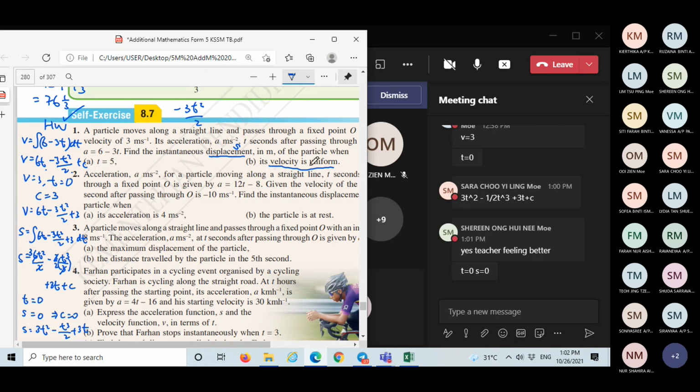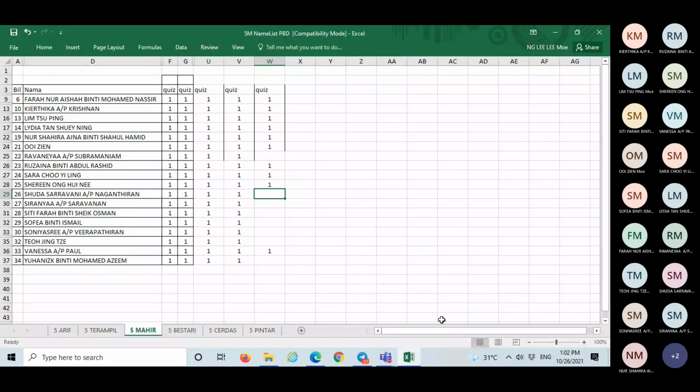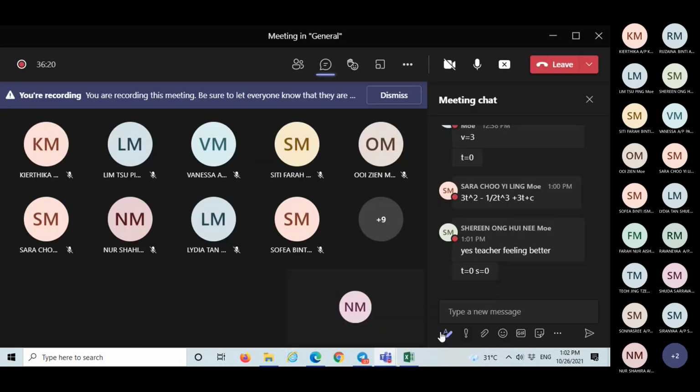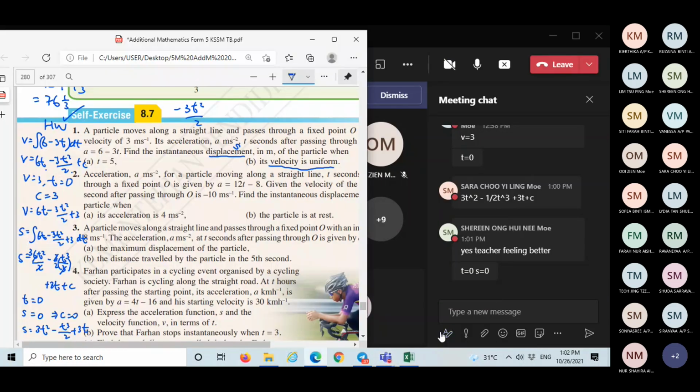Okay, now we come to part B. Velocity is uniform. What does this mean? Does anyone want to try, but not the one I already put the tick?